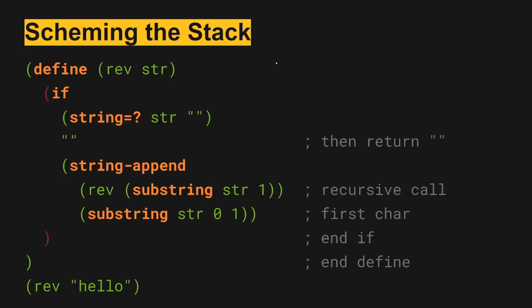Now, what does this look like in Scheme? So here's a Scheme function called rev that will reverse a string that's passed into it. And so the first thing that happens is an if statement. If the string is an empty string, then return empty string. This is our base case. And then our recursive case will execute a string-append that receives everything that came before it, the recursive calls, and then adds in the current first letter of the string.